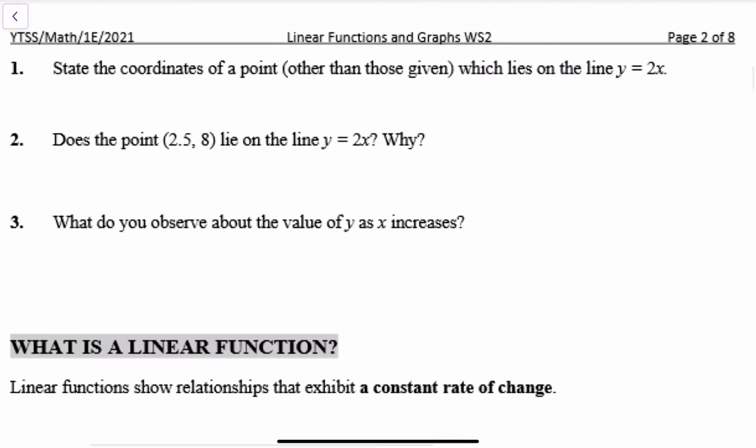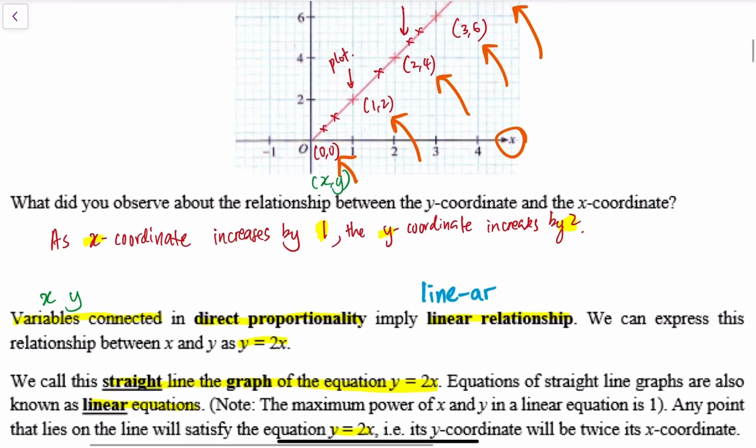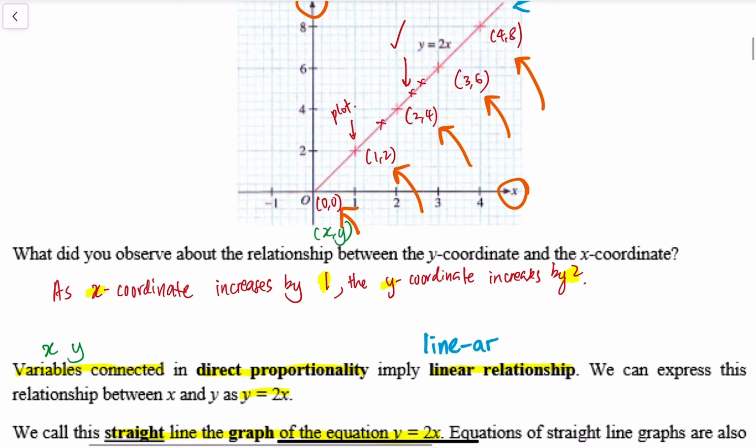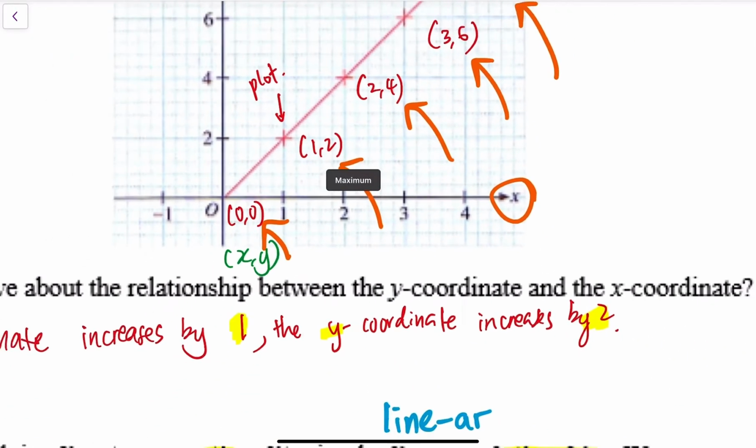Let's answer the questions below here. Question 1: State the coordinates of a point other than those given which lies on the line y equals 2x. You can state anything, you don't have to state what I have written. You can try first. Choose any point you want.